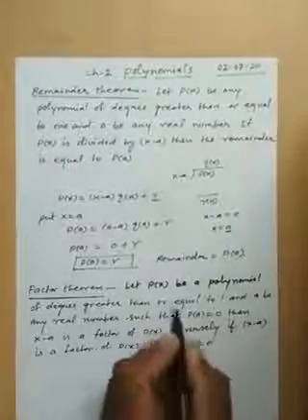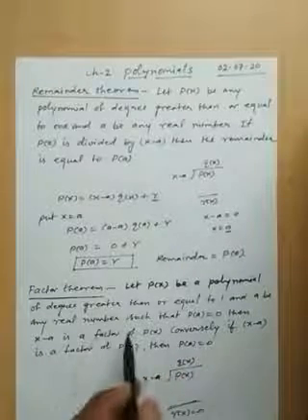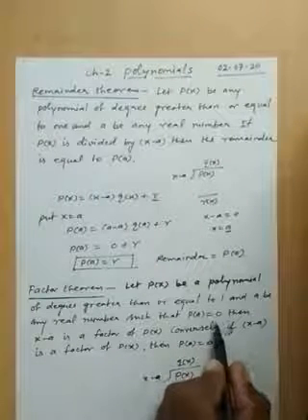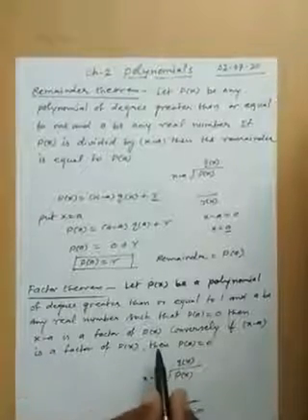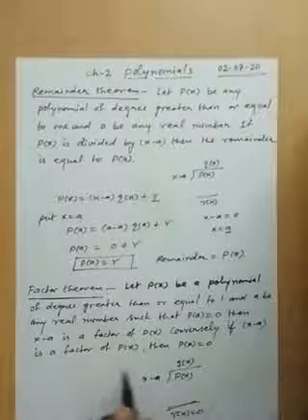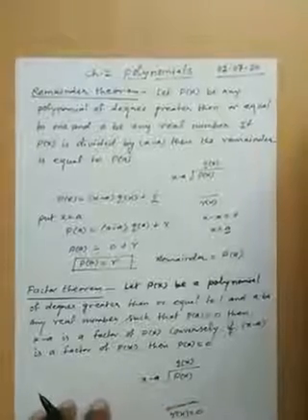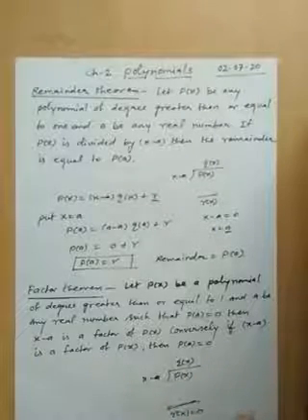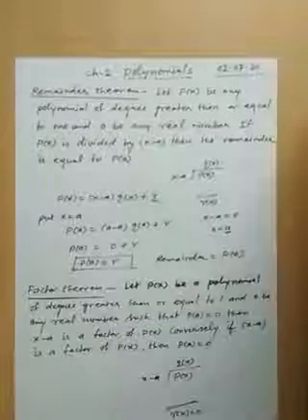So let p(x) be a polynomial of degree greater than or equal to 1 and a be any real number such that if p(a), the remainder, is 0, then x minus a is a factor of p(x). Conversely, if x minus a is a factor of p(x), then the remainder is 0. This method is applicable both ways. If the remainder is 0, then it is a factor, and if it is a factor, then the remainder is 0.